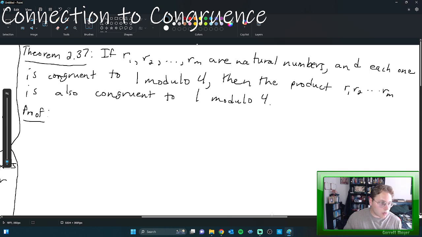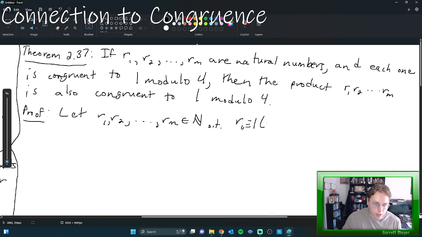So we're just going to let R1, R2, ..., Rm all be natural numbers such that Ri is congruent to 1 mod 4 for all i in the set.